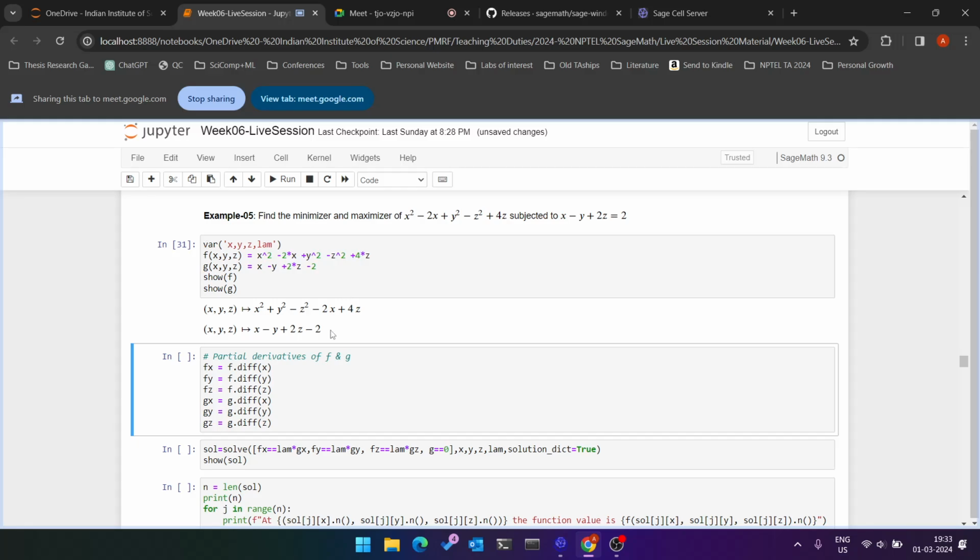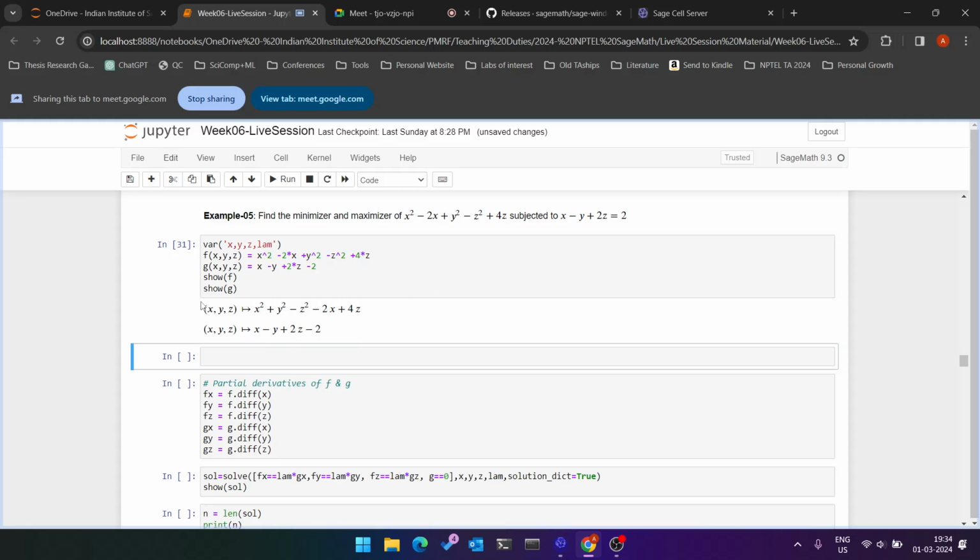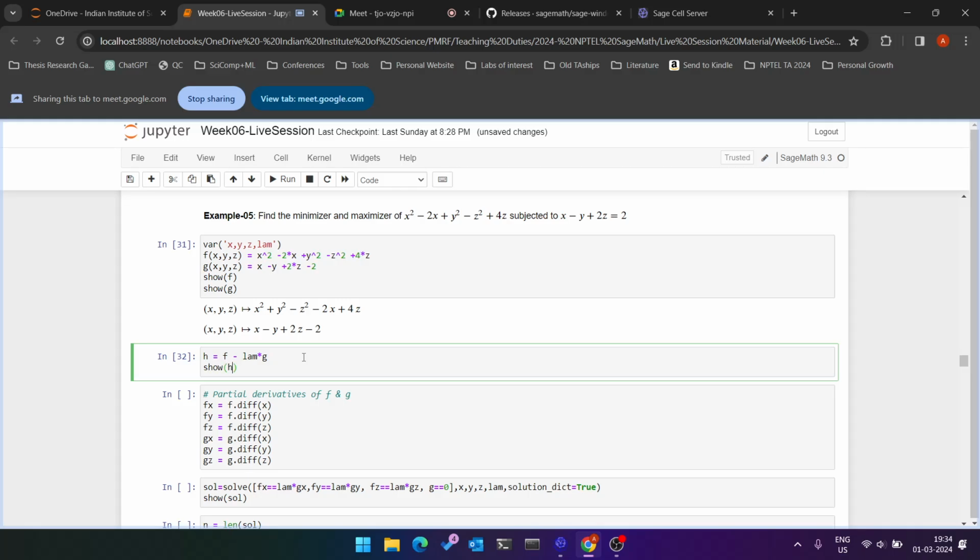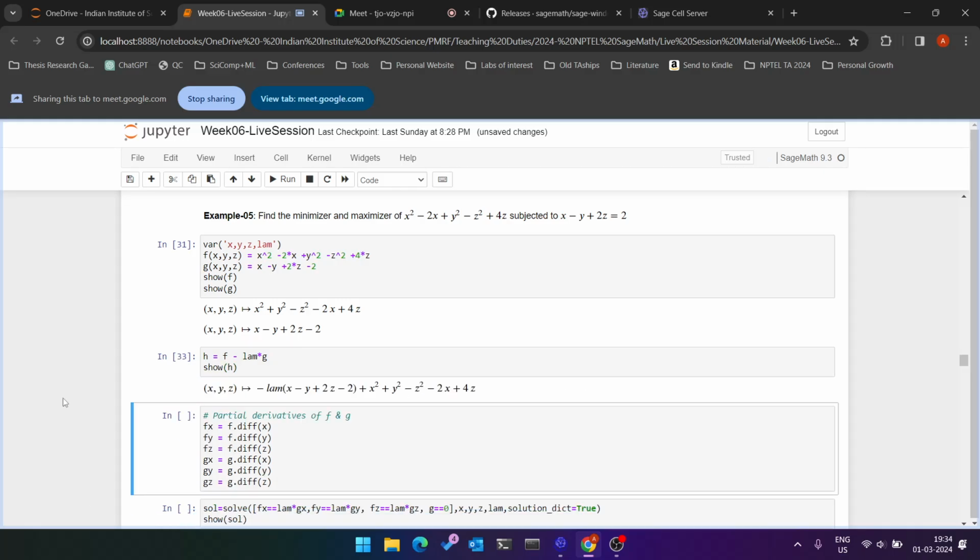Next, define your composite equation. So that is basically h is equal to f plus or minus lambda g. In this case, since we are subtracting lambda g, our composite function would essentially be h is equal to f minus lambda g. Right.